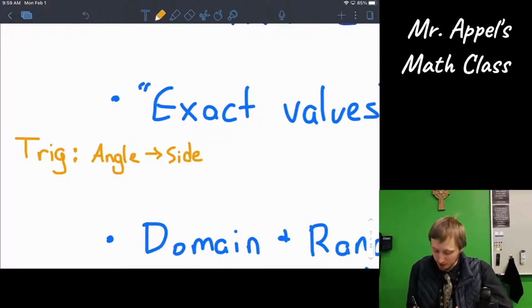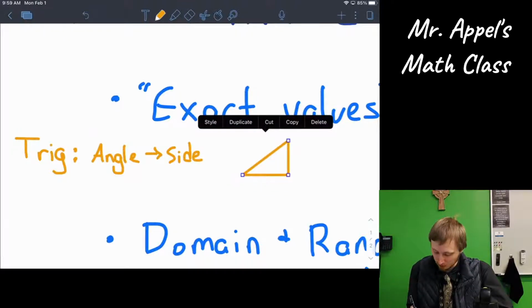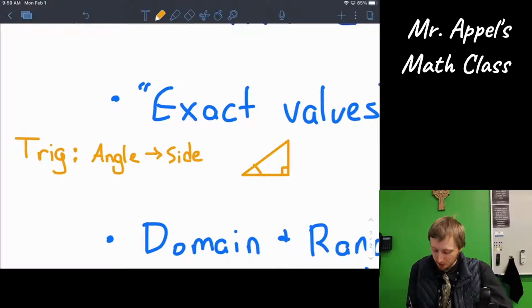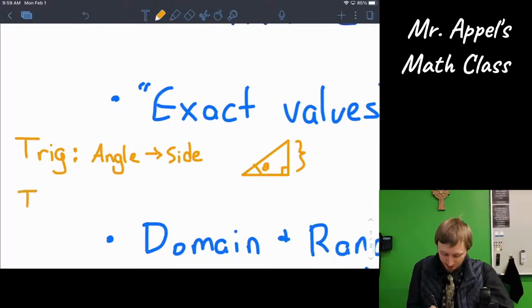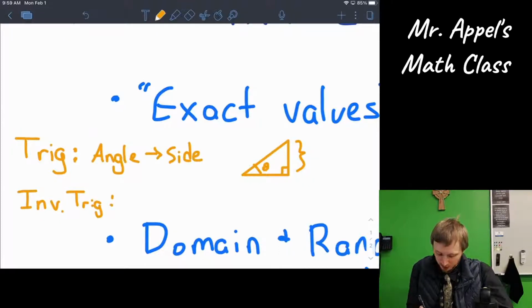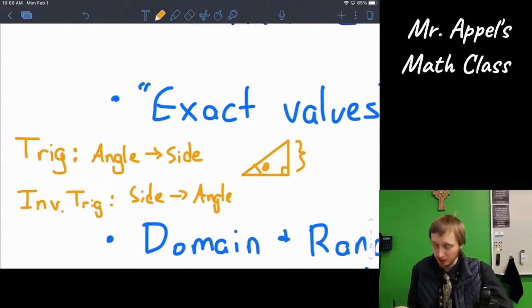And I say side length because we're establishing a little right triangle here. So we go from the angle to some side length. Inverse trig is the opposite. It always takes a side length and outputs an angle.